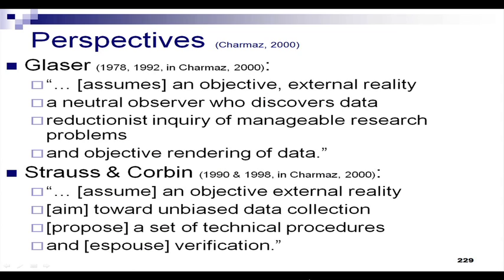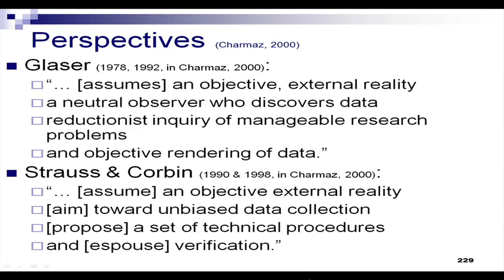We are trying to create the category as it emerges out of the data. But still we are trying to limit the spread of the data within this emerging category. So in that sense, this becomes a reductionist process of manageable research problems and objective rendering of data and objective presentation of data.